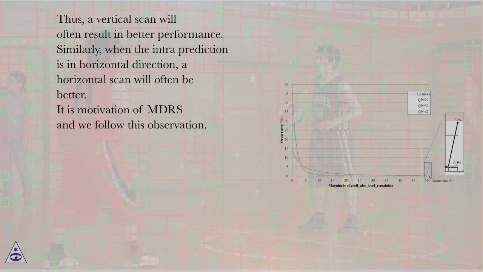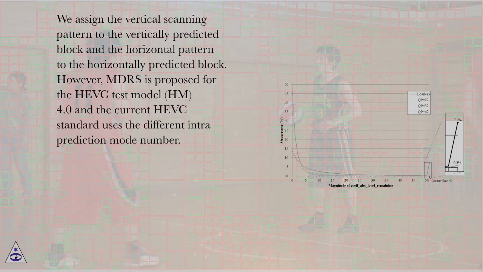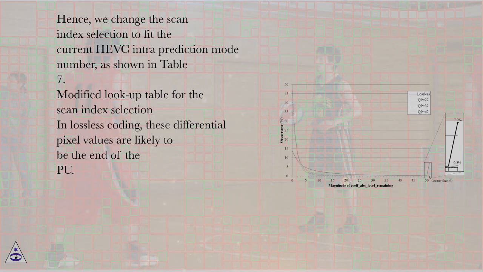It is the motivation of MDRS and we follow this observation. We assign the vertical scanning pattern to the vertically predicted block and the horizontal pattern to the horizontally predicted block. However, MDRS is proposed for the HEVC test model, HM 4.0, and the current HEVC standard uses different interprediction mode numbers. Hence, we change the scan index selection to fit the current HEVC interprediction mode number, as shown in Table 7. Modified lookup table for the scan index selection.